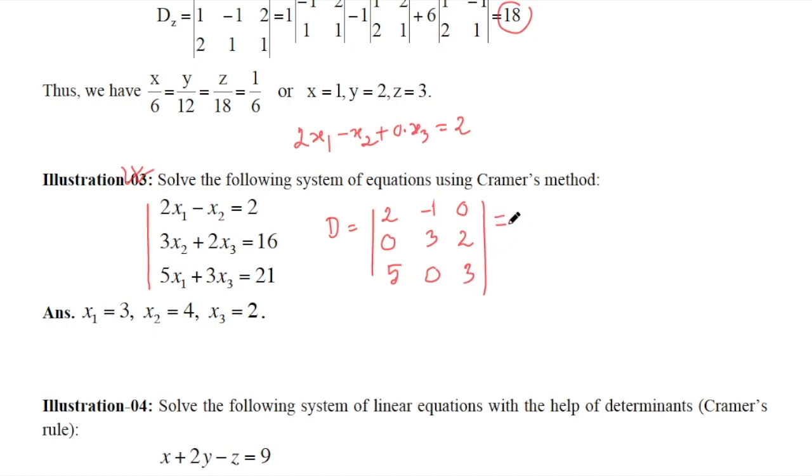And let us calculate the determinant of the coefficient matrix, which is 2 into the determinant of this submatrix, which is 9 minus 0. You can directly write 9 minus 0.